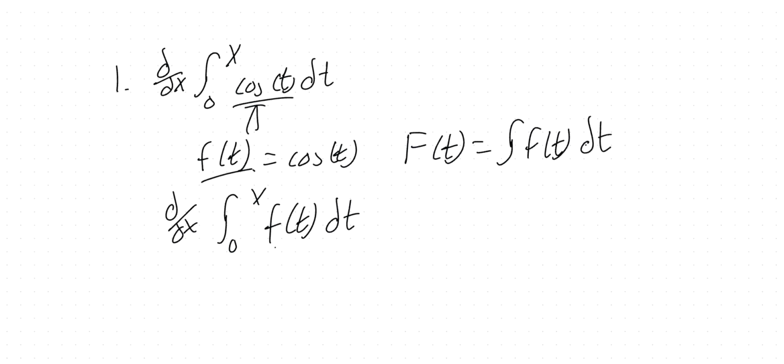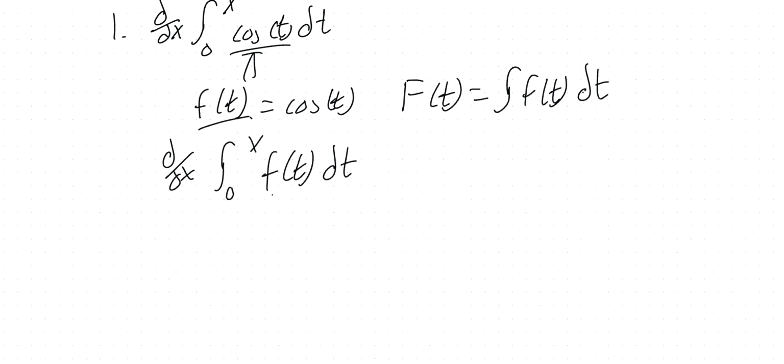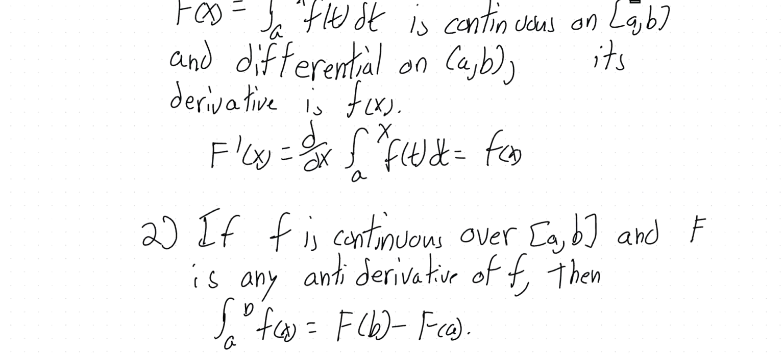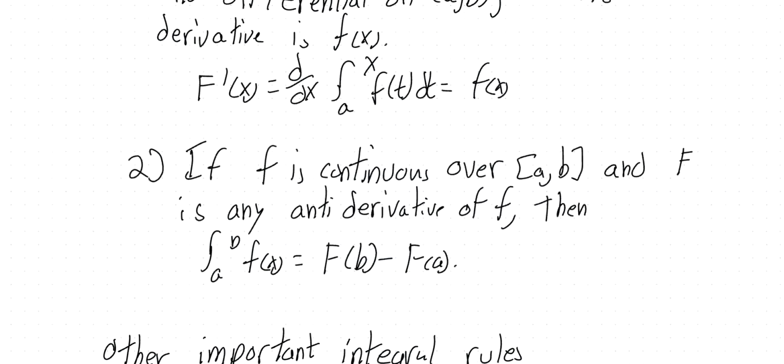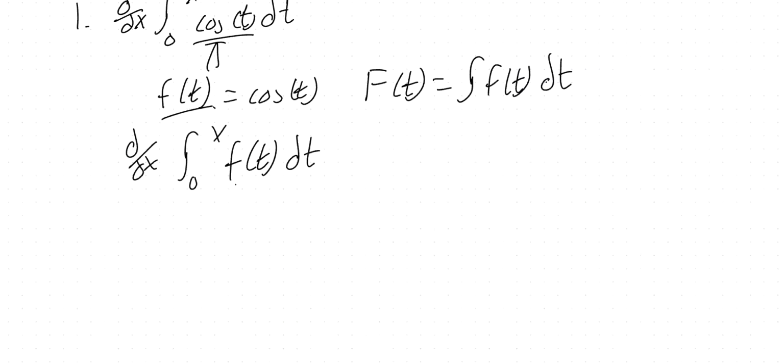This is going to be very important because now what we're going to do is use the second part of the fundamental theorem of calculus. This basically states, I'm reusing it in a different way, I guess, in a weird way, that the integral from a to b of f of x equals big F of b minus big F of a. So in this case, b is a function of x, and a is your number, like your 0. So we get the following.